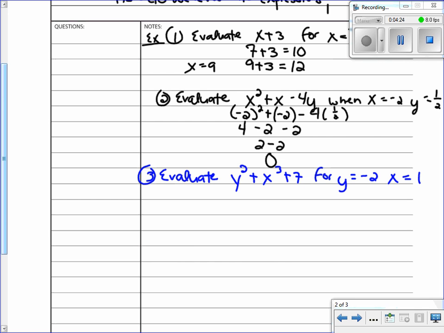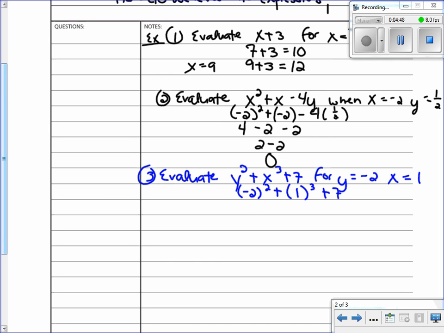Instead of y squared, I'm going to write parentheses -2 squared. Instead of the y, I'm substituting in -2. Then I have plus x cubed. Instead of x cubed, I'm going to write parentheses 1 cubed. Instead of the x, I substituted the 1. Then I just have plus 7. That just stays the same.